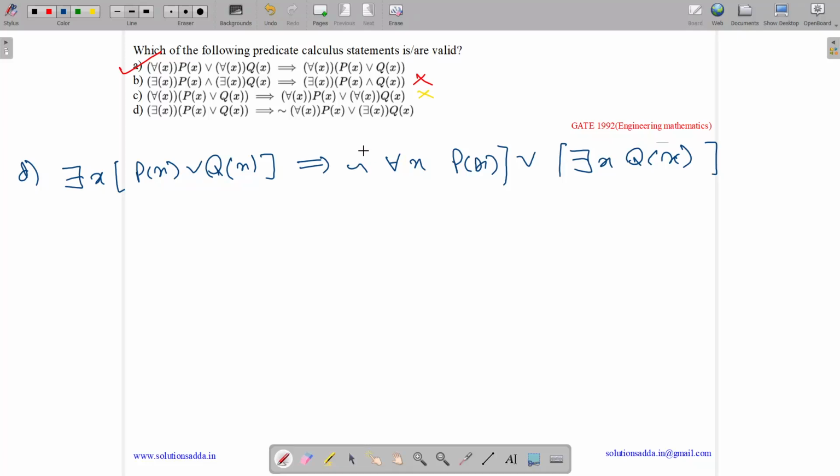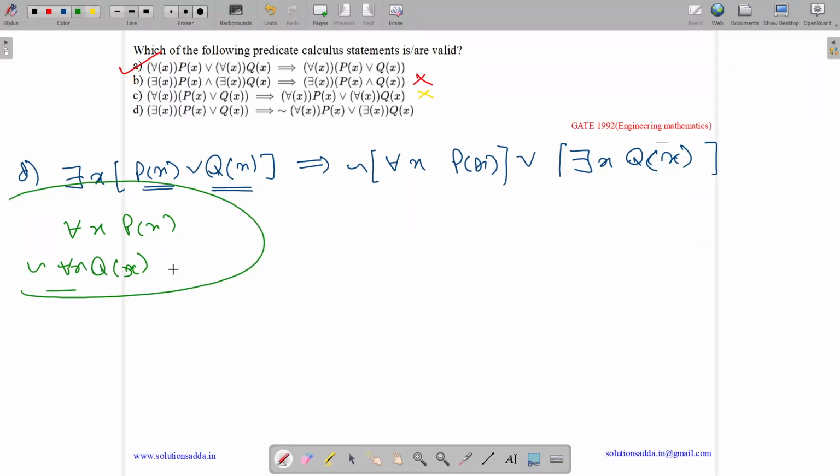If there is an x such that for it either p is true or q is true, then it shouldn't be true that for all x, p shouldn't satisfy, or there should be an x for which q should satisfy. So let us assume that for all x, px is true and qx is not true for any x, which means px satisfies for all x and qx doesn't satisfy for any x.